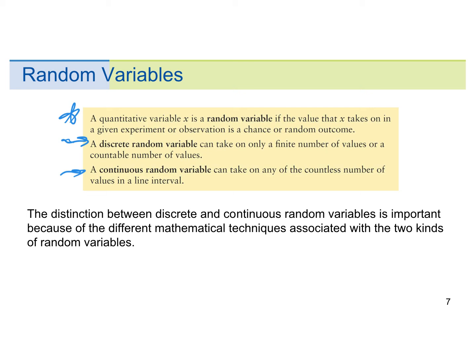So a couple of examples from the book that they gave us were as follows. Let's look at this first one. Let's figure out if this is discrete or continuous. Measure the time it takes a student selected at random to register for the fall term.